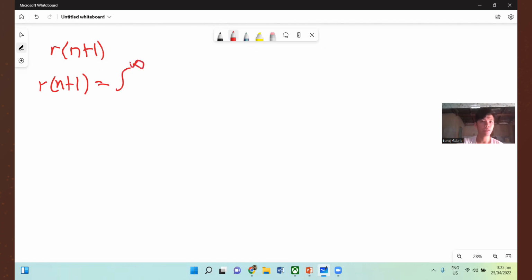So the integral from 0 to infinity of e raised to negative x, x raised to n plus 1 minus 1 dx, where n is greater than 0.